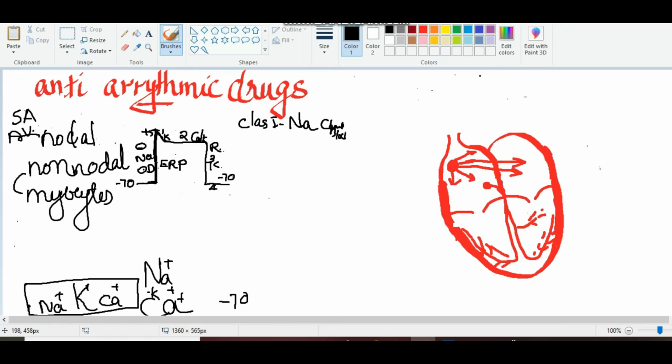That's a normal value. Calcium is also a large amount outside and very small amount inside. So sodium and calcium are going to go into the cell, and potassium is going to come out from the cell.